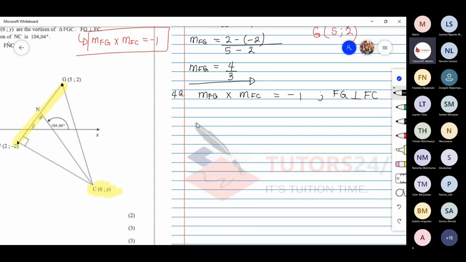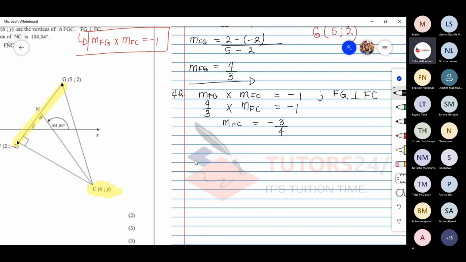Now, our gradient FG is what we just calculated in the previous question, times the gradient FC equals -1. All we now need to do is divide both sides by 4/3. So we have -1 divided by 4/3, and that gives us -3/4. Now that is the gradient of FC.